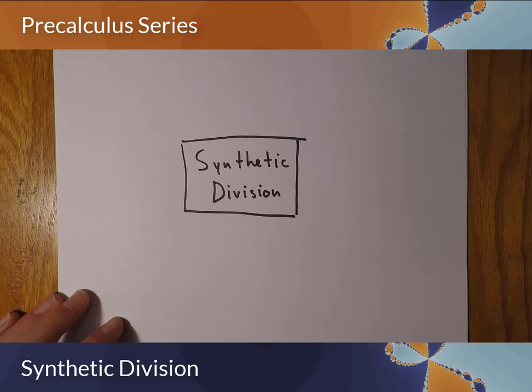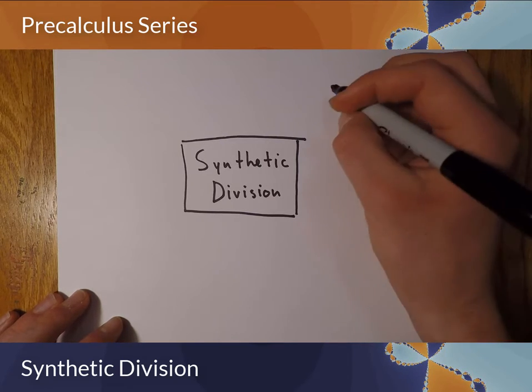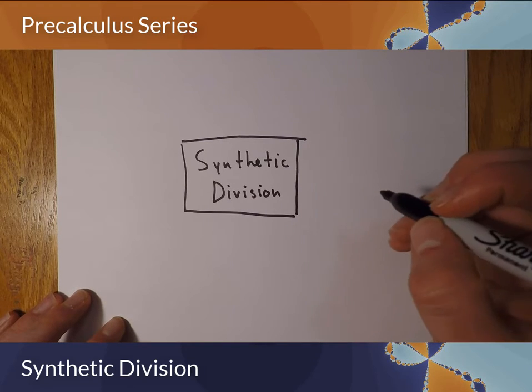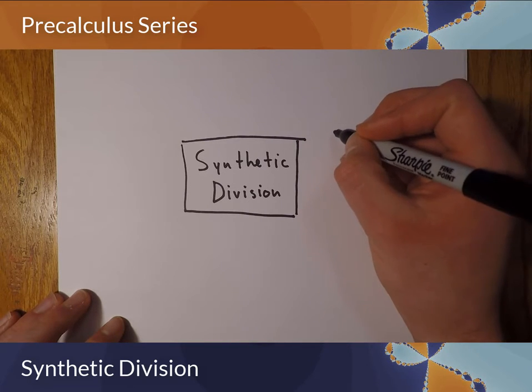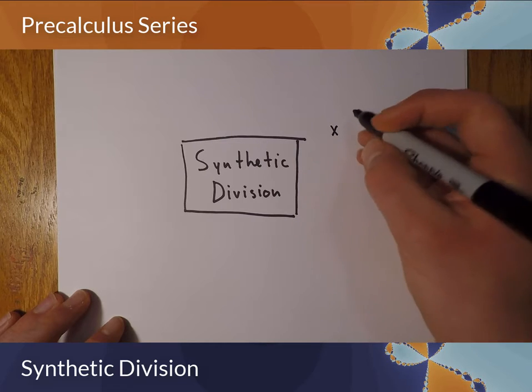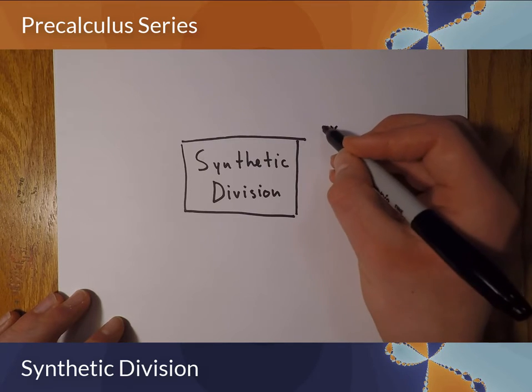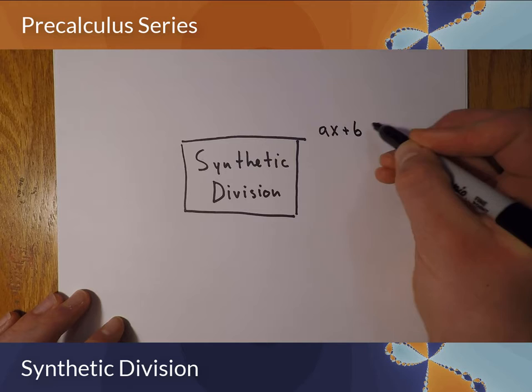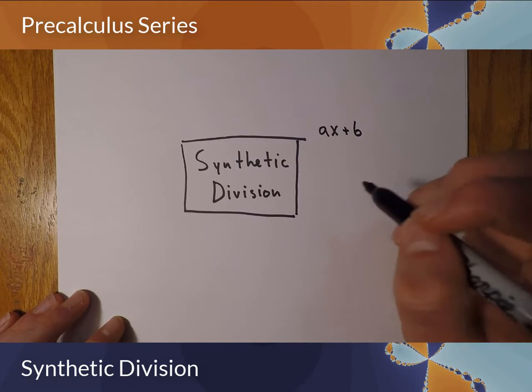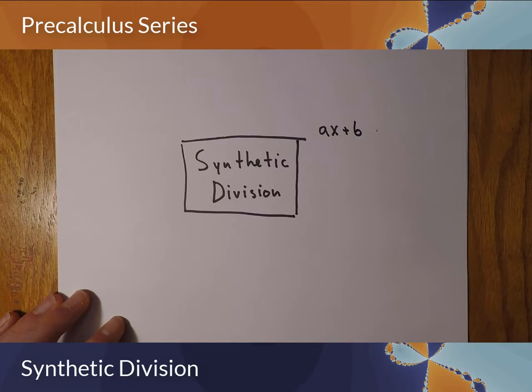But the thing is you have to remember that synthetic division is only applicable if you have a linear factor. Alright, so a linear factor is defined as ax plus b. You cannot have an x squared as a factor that you're dividing everything by.